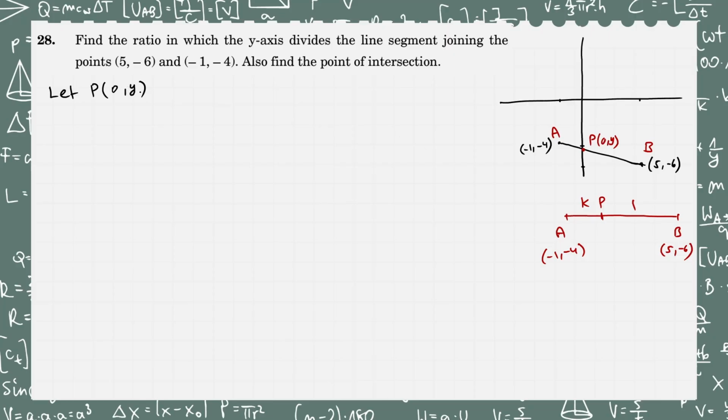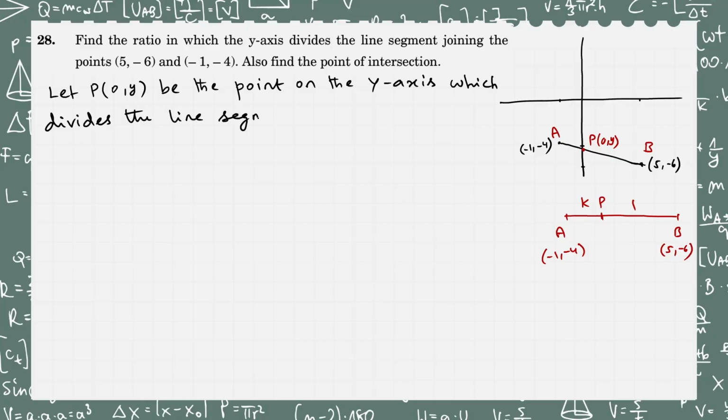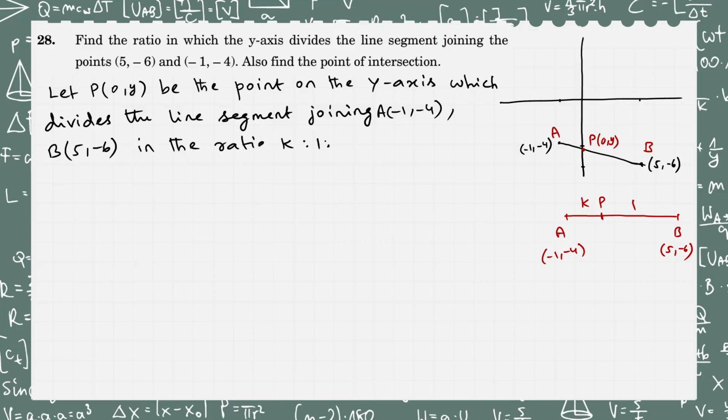So let P(0, y) be the point on the y-axis which divides the line segment joining (-1, -4), which is called A, and (5, -6), which is called B, in the ratio k is to 1. Okay, and I usually call this type of statements the disclaimers.